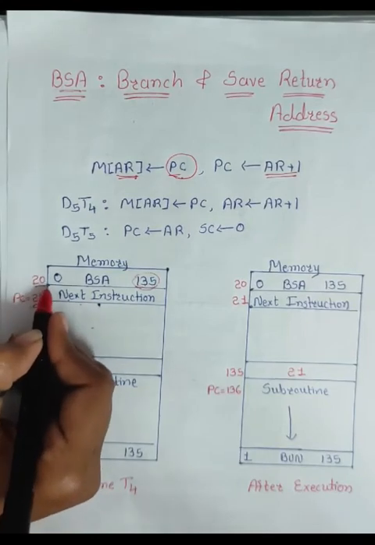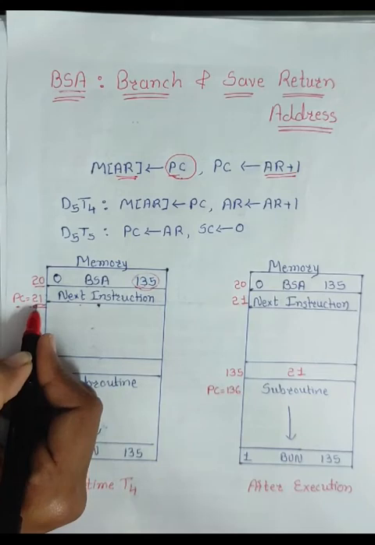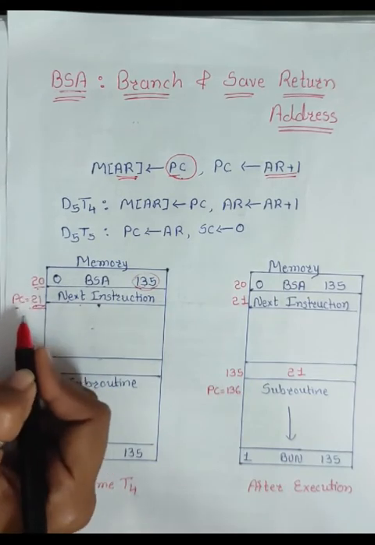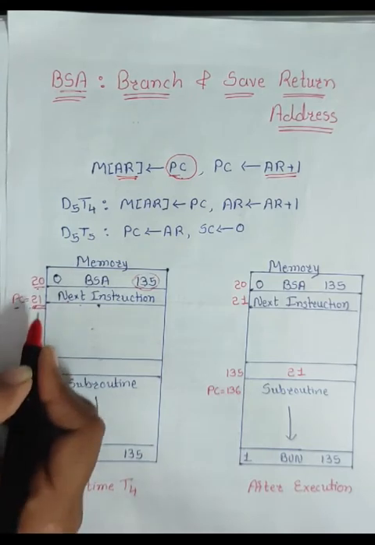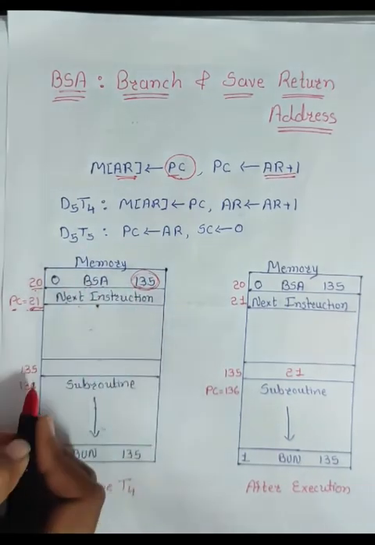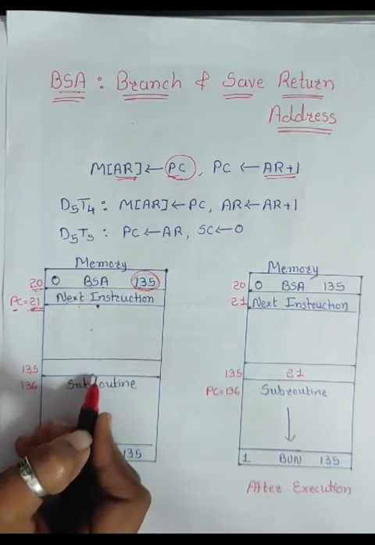When this instruction is executing, the program counter has the value 21. Instruction 20 is in execution mode, but obviously the program counter has the value 21. When BSA is performed, this location 135 is by default kept blank. What's the reason?